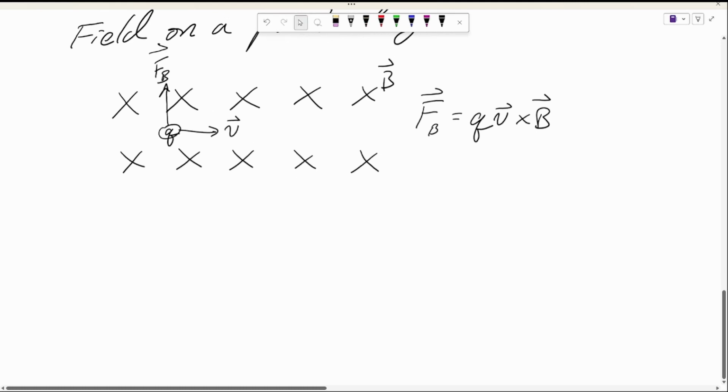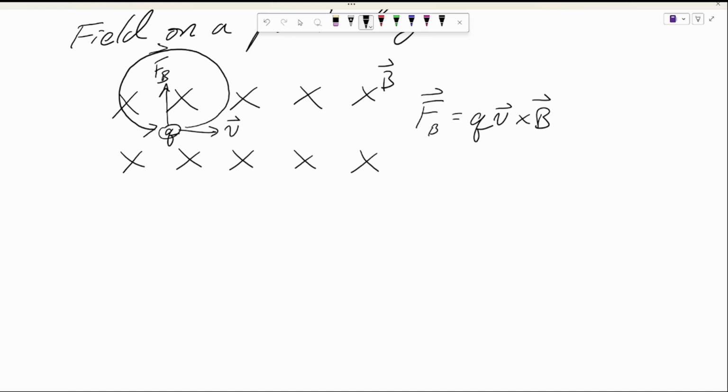So the charge is only going to experience a force as long as it's moving perpendicular to the B field. That's just because of how the cross product works. So as long as it is moving in the plane perpendicular to the B field, it's going to move in a circle if left alone, if it stays in the B field, because it's always going to be experiencing this force perpendicular to its motion.